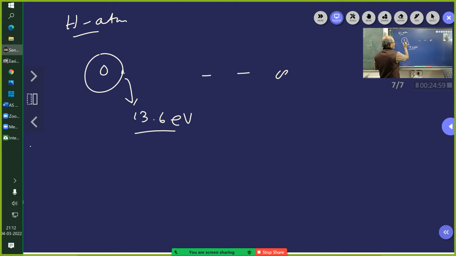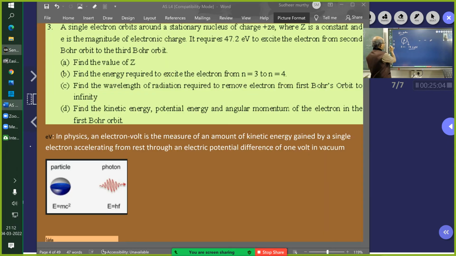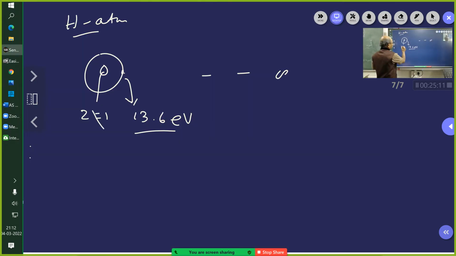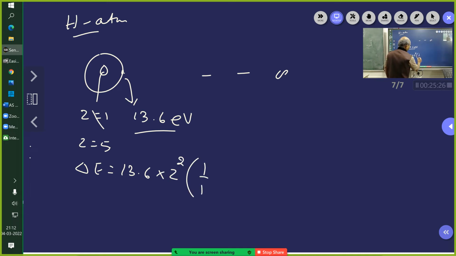But here, for a hydrogen atom, Z is equal to 1. In this problem, we found out that Z is equal to 5. So the formula becomes delta E is equal to 13.6 into Z square into 1 upon N1 square minus 1 upon infinity. 1 upon infinity is 0, and N1 is equal to 1.